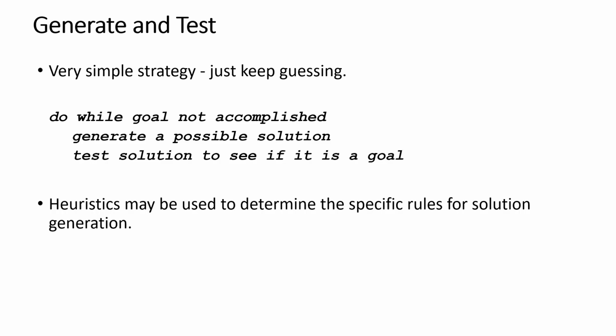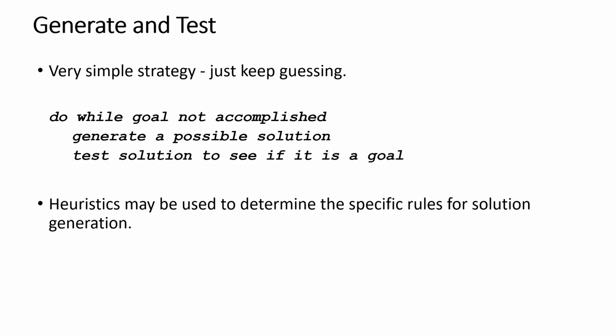Other examples are puzzle solving, game playing, theorem proving, and simple optimization problems. The advantage is that it is very simple and easy to implement, and it does not require complex reasoning or extensive domain knowledge.